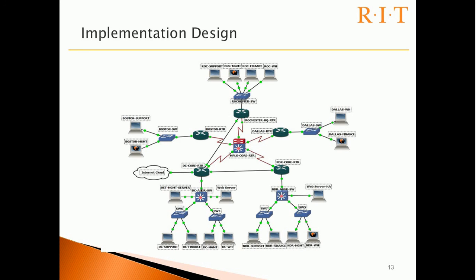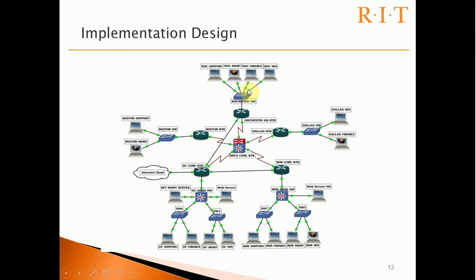And each branch has its own support, disaster recovery support, a finance sector, a management sector, and a warehouse, and we have web servers associated with each and every branch. And we have installed web servers in 2 branches, one in Washington DC and the other at Buffalo.